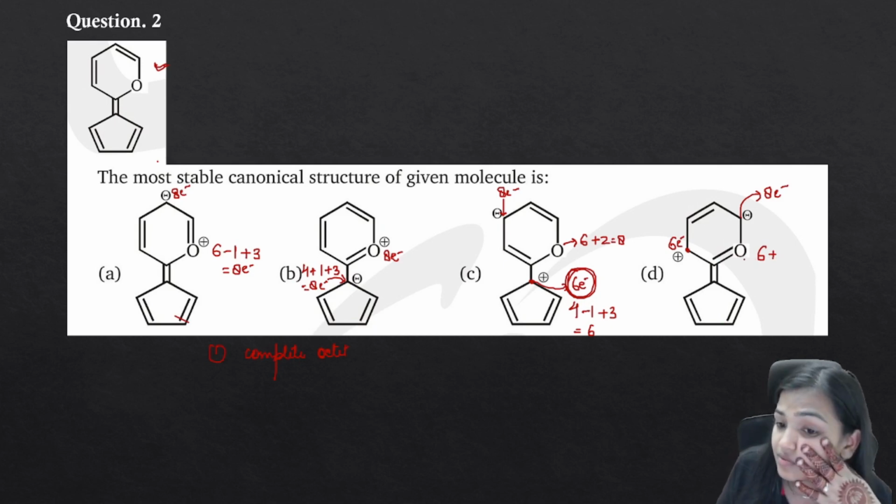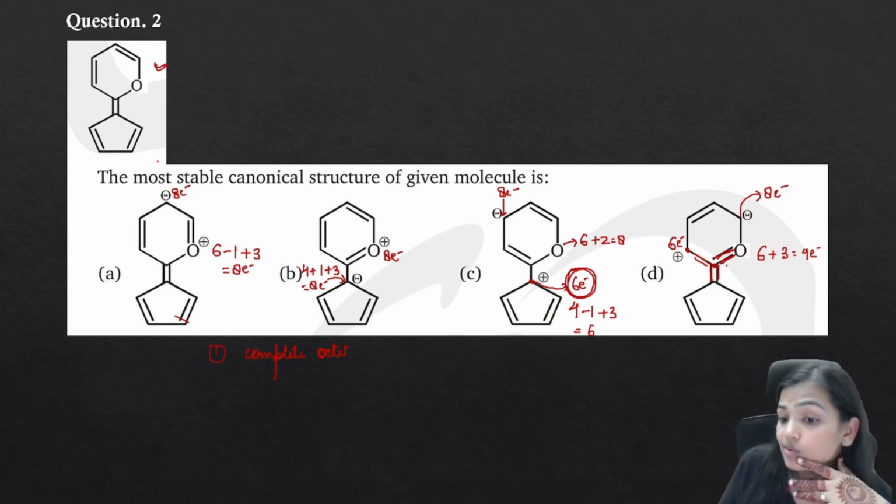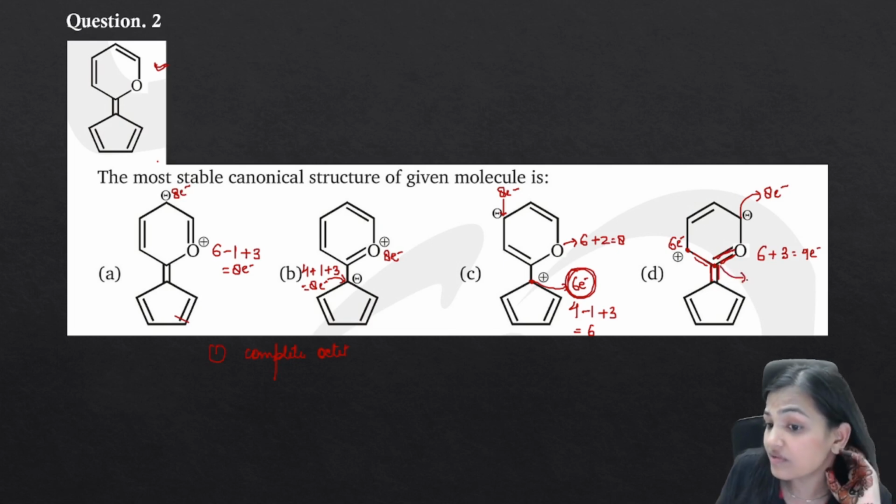Guys, you would be amazed to see this oxygen has 6 valence shell electrons, but it is forming 3 bonds. So it is going beyond that, 9 electrons. Now, can a carbon form 5 bonds? Have you ever seen a carbon forming 5 bonds? 1, 2, 3, 4, 5. No. So this carbon is also very unstable.